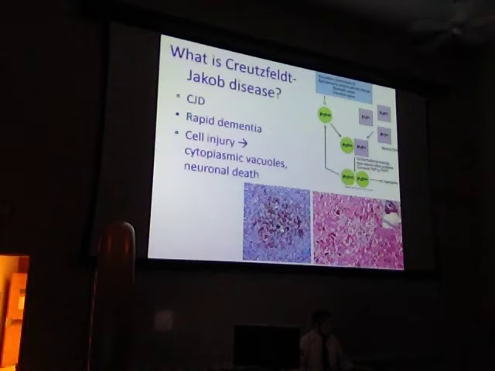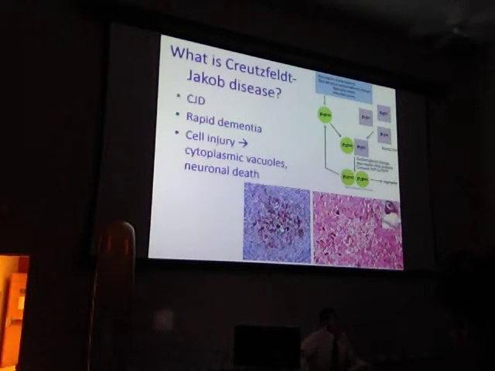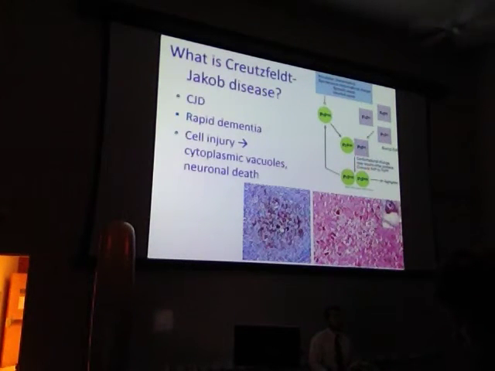The related disease in cattle, in the bovine population, is called bovine spongiform encephalitis. In sheep, it's called scrapie. And it's from this mutated prion that's forming these aggregates in the brain. We've also referred to it in the cattle population as mad cow disease.